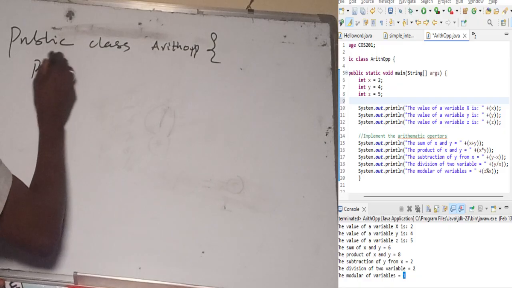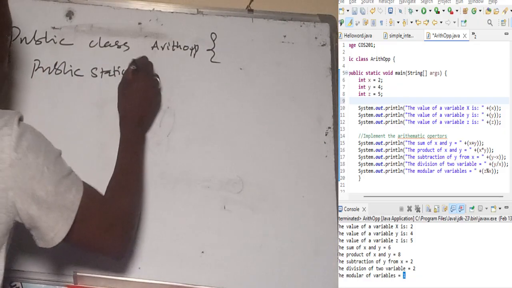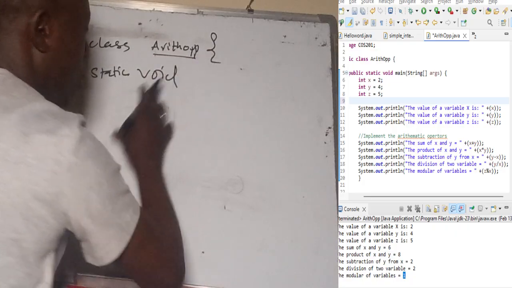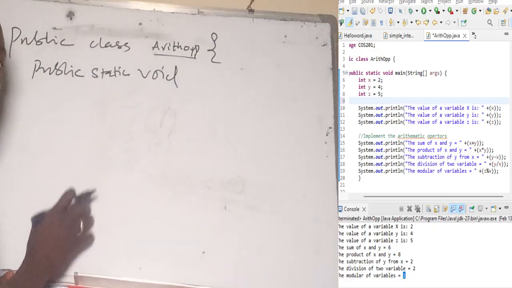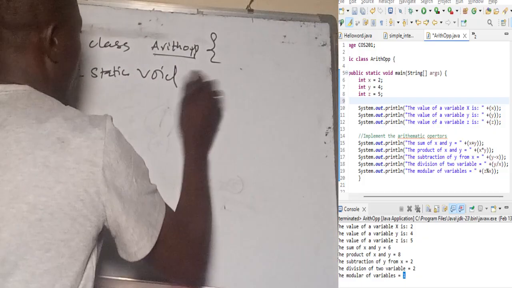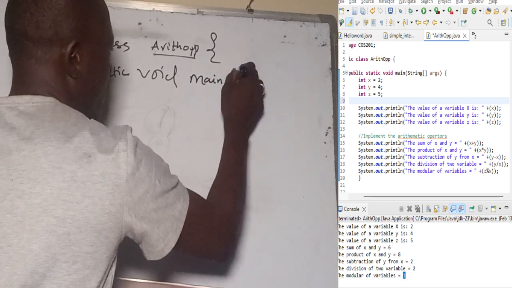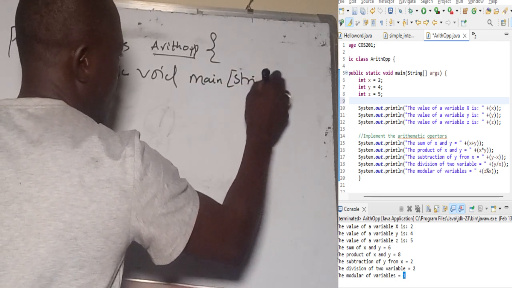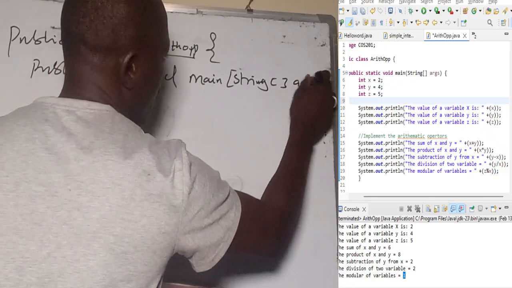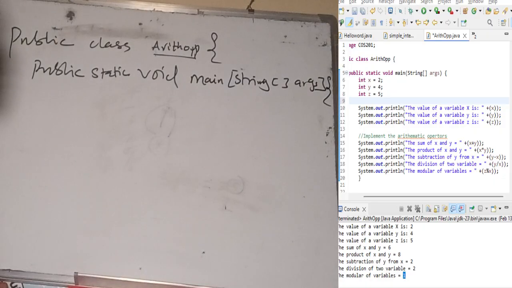Then we have another one, public static void. And you remember this class name is the name that you are going to save your file with, otherwise it will not be able to run. Public static void main, then you have String args. You have your curly braces.